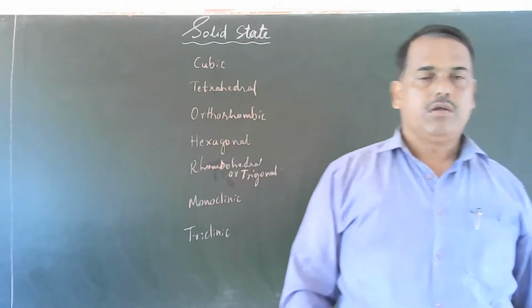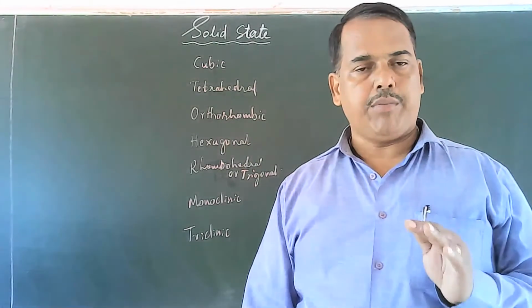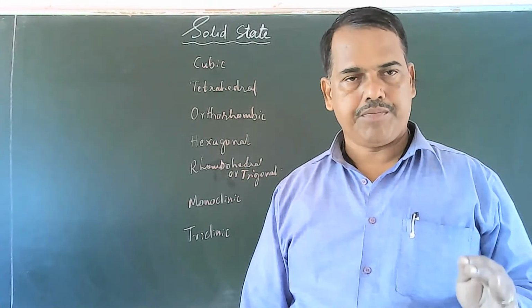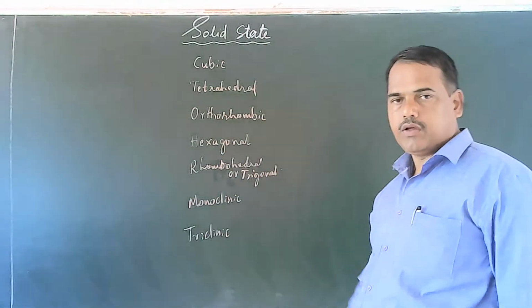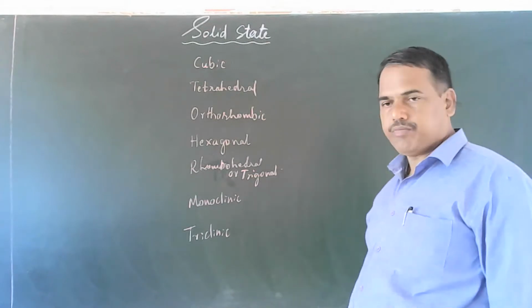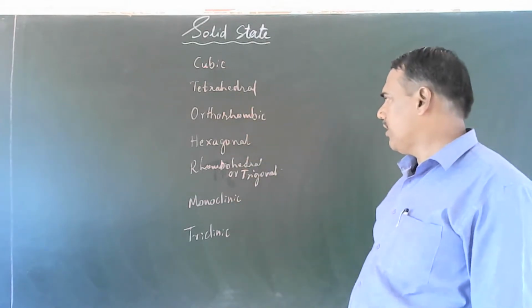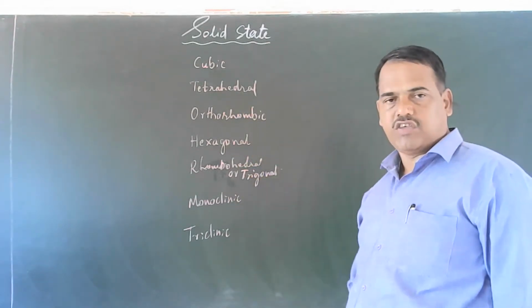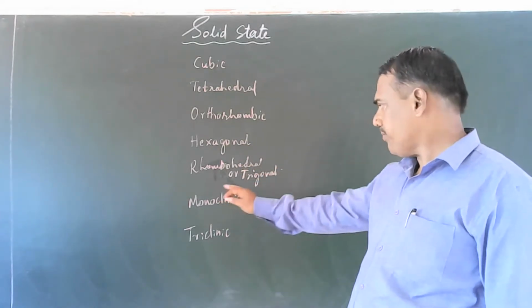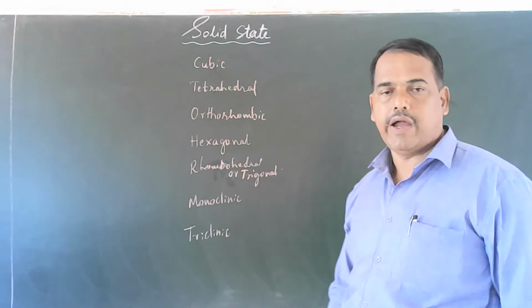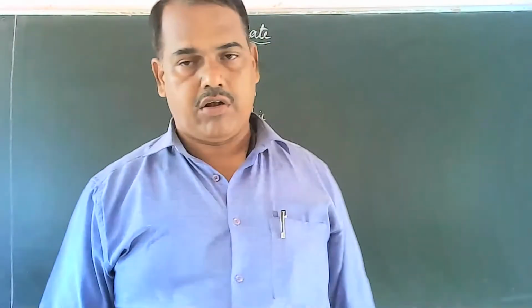Are you clear? So there are 7 types of unit cell. Those are cubic unit cell, tetragonal unit cell, orthorhombic unit cell, hexagonal unit cell, rhombohedral or trigonal unit cell, monoclinic unit cell, and triclinic unit cell.